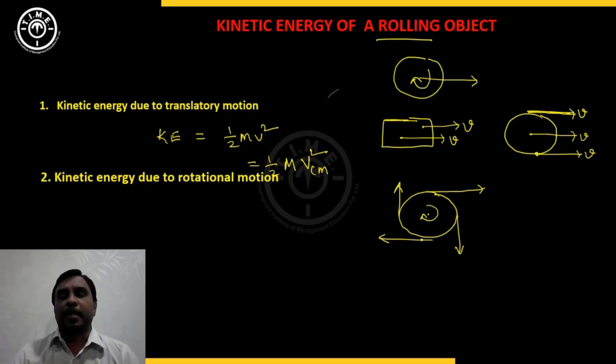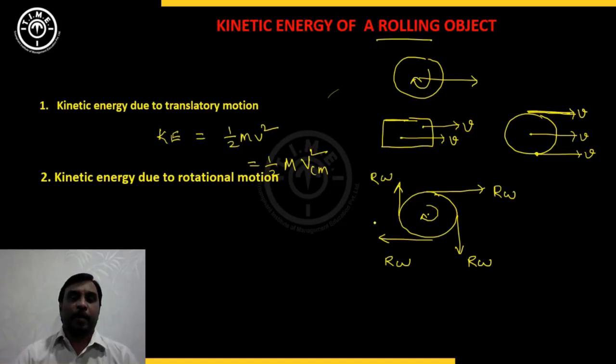All these particles are at the same distance from the center of mass, or the same distance from the fixed point. This velocity is r omega, and this particle's velocity is also r omega, and this one also r omega.